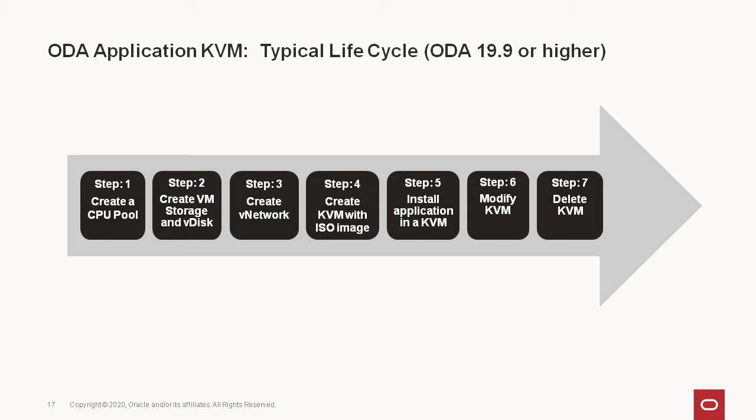This is the guest operating system for your application KVM, so you need that to create it. After you've done that, all you have to do is go into the application KVM and install whatever application you want, whether Linux or Windows applications. And then of course you can modify the KVM, and you can delete the application KVM. So that's conceptually the application KVM lifecycle management.